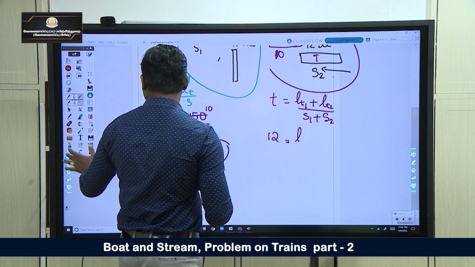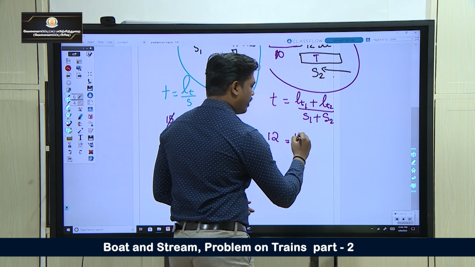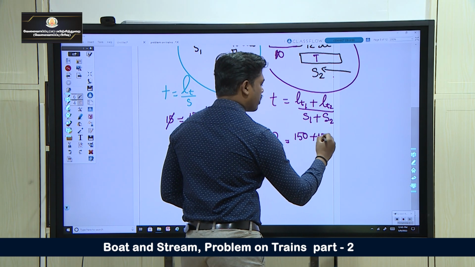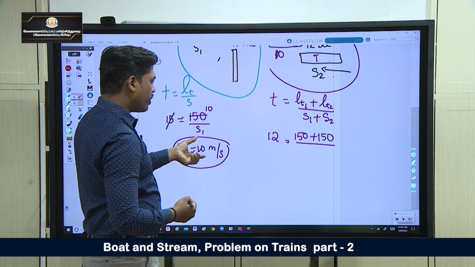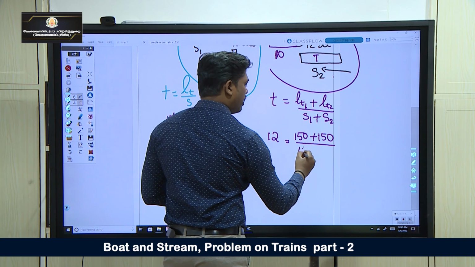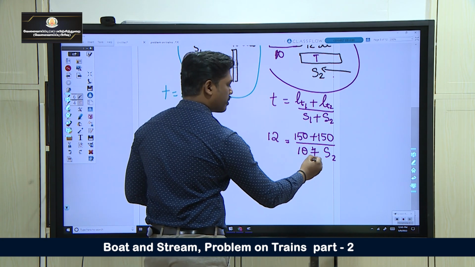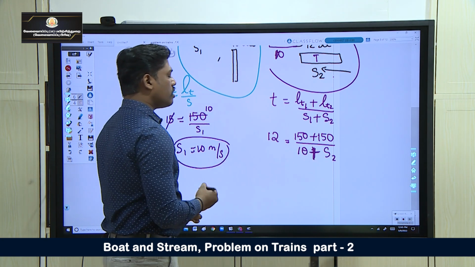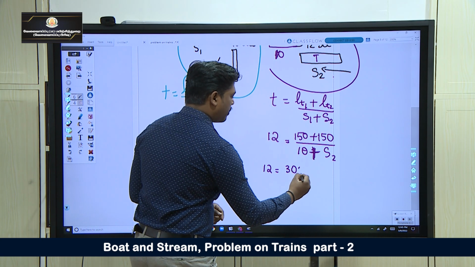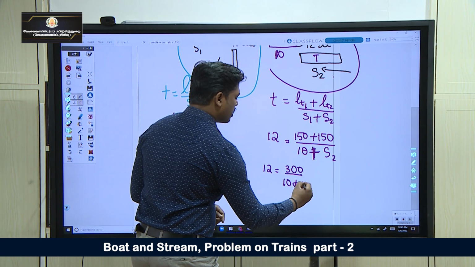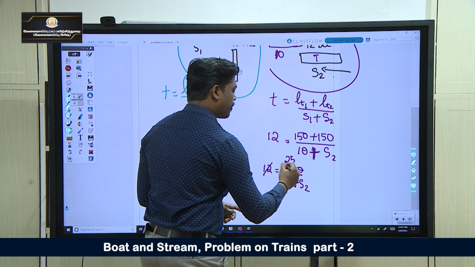Length of train 1 is 150 meter. So 150 plus 150 divided by the speed of train 1, which is 10, plus the speed of train 2 that we have to find out. This is plus, not minus. Now 12 is equal to 300 divided by 10 plus S2. 12 ones are 12, so 12 times (10 plus S2) equals 300.